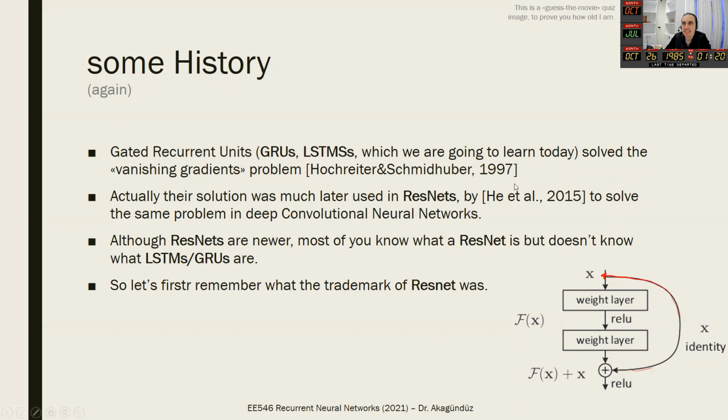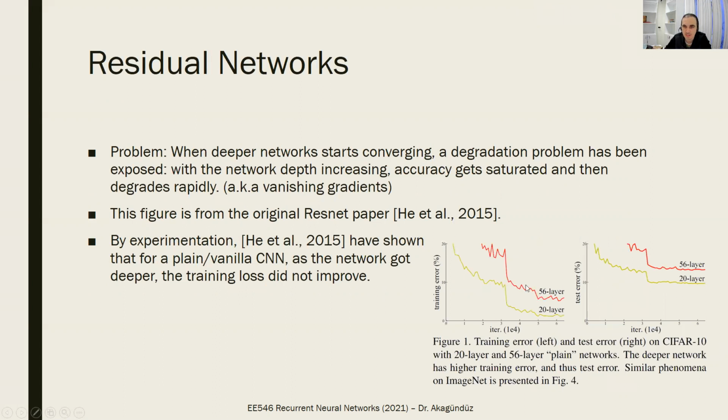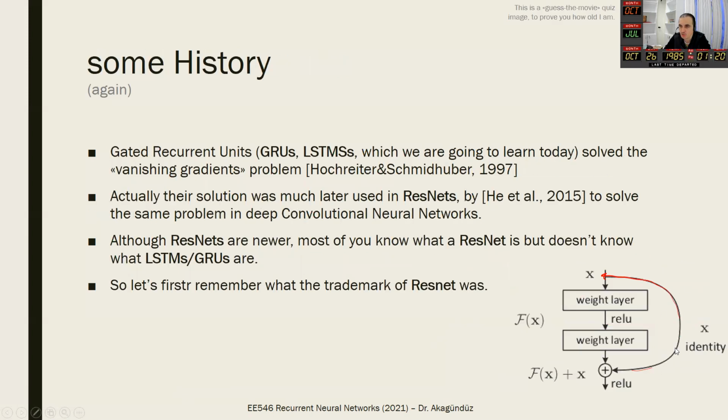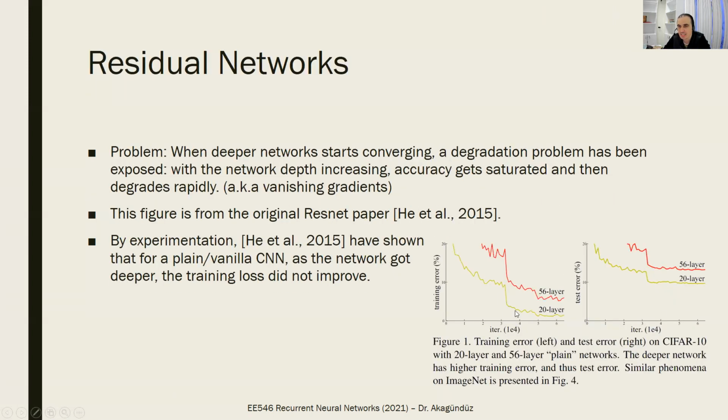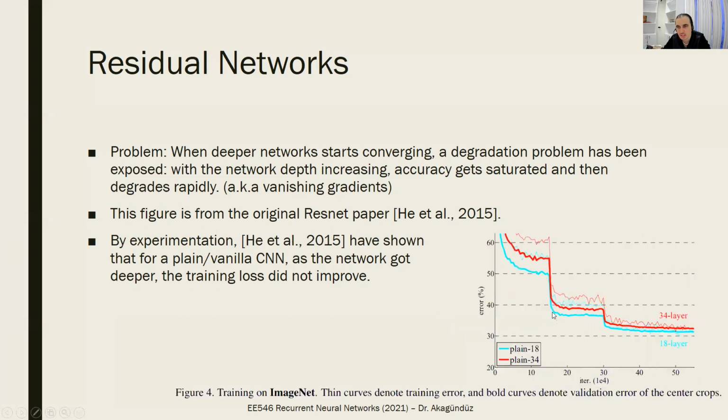That was the idea. And actually this figure is from the ResNet paper of Kai-Ming He. He just checked it. The first test was without the residual connection. When he made experiments, as the layers got deeper, when you had 20 layers, the loss was lower without the residual connections, okay?